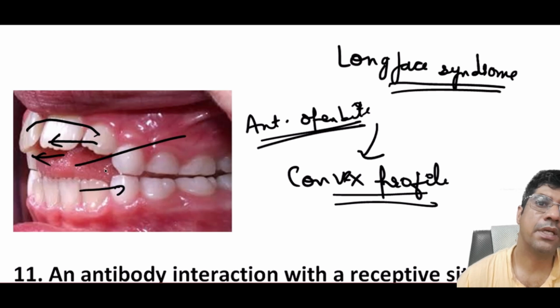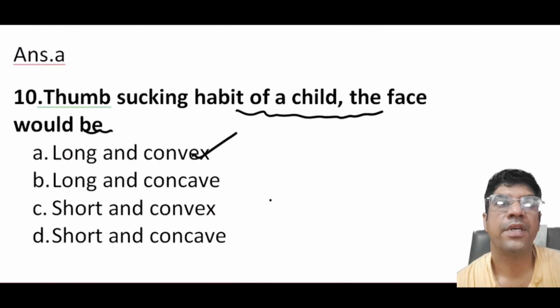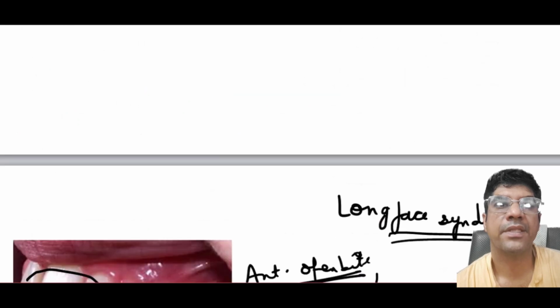So thumb sucking habits in children result in a long and convex facial profile due to the dental and skeletal changes it induces. So the answer would be long and convex.